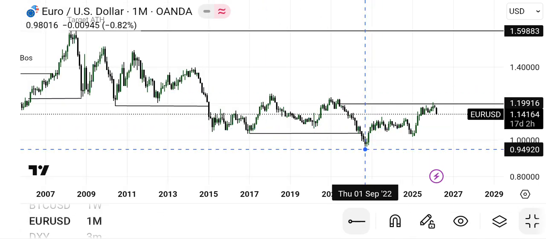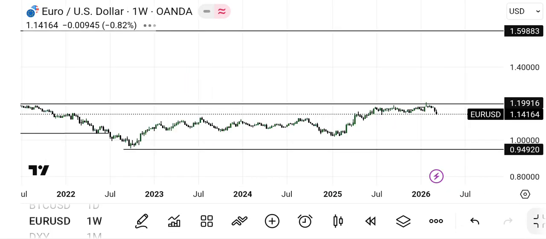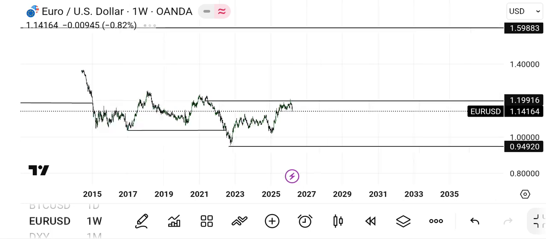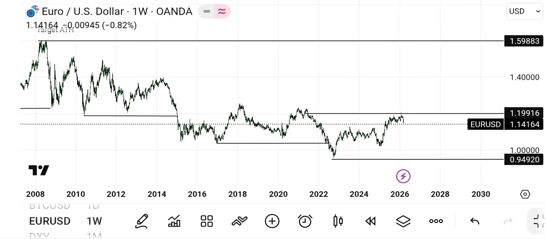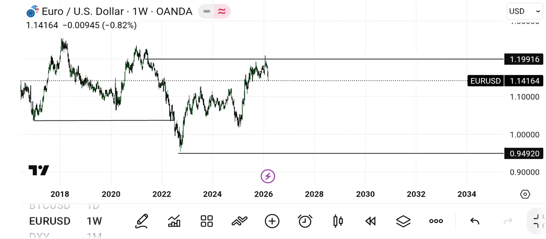Now I scale down to the 1 week time frame. Here I am on the 1 week time frame. You see the market is completely bearish for EURUSD. So I zoom out to this level.